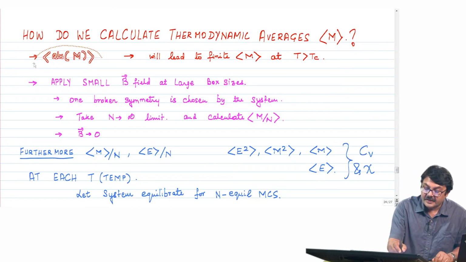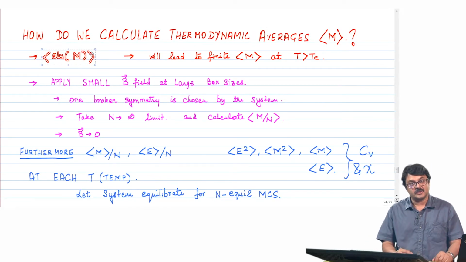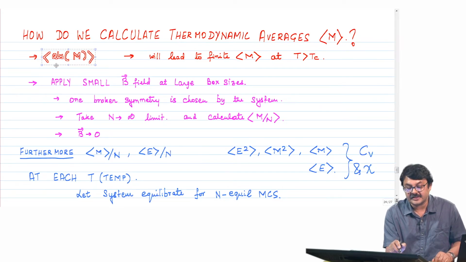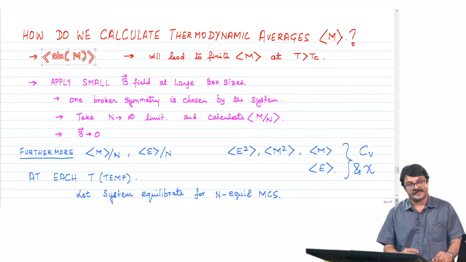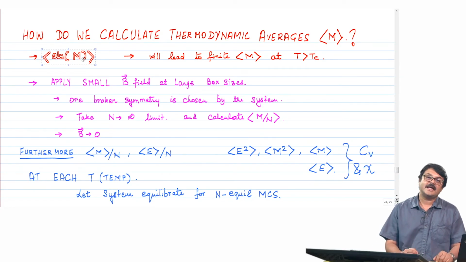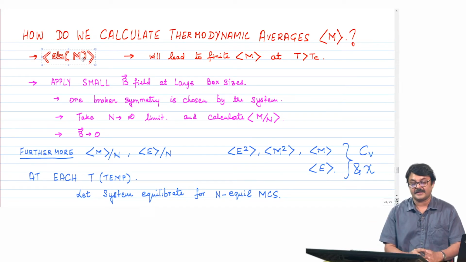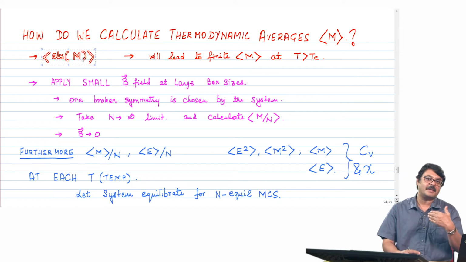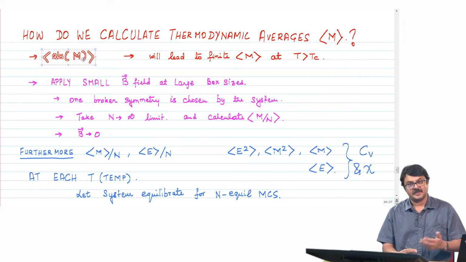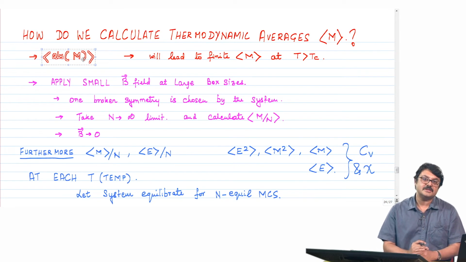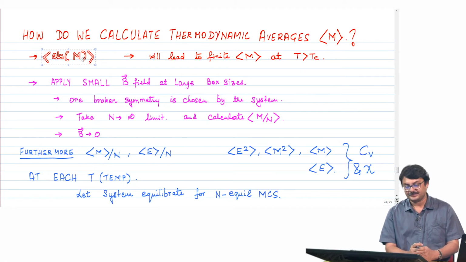However, if at each Monte Carlo step we calculated and averaged over the absolute value of magnetization, then we would get a finite value of the average thermodynamic magnetization, because independent of whether the magnetization is positive or negative, it will give a non-zero positive value. So, this is one solution: we take only the absolute value of the magnetization.